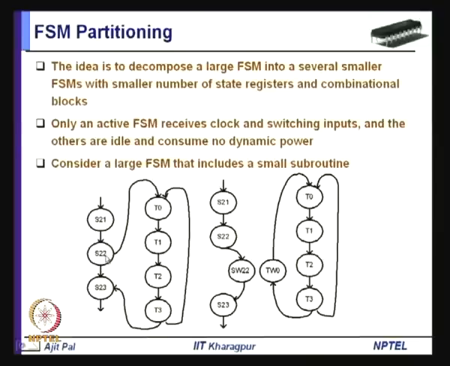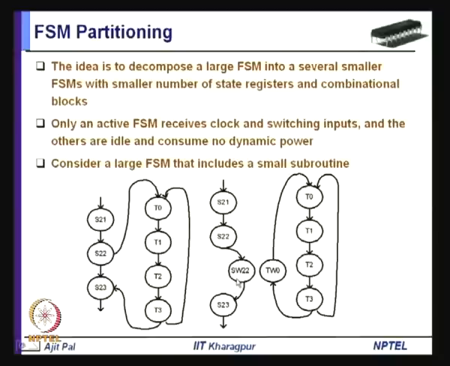So, from here it can go to this subroutine with starting state T0, and it can remain in this subroutine for some time, and then of course, it will return to the main process. So, you can see this is a large FSM, and it can be decomposed into 2 FSMs by adding 2 intermediate states, 2 additional states.